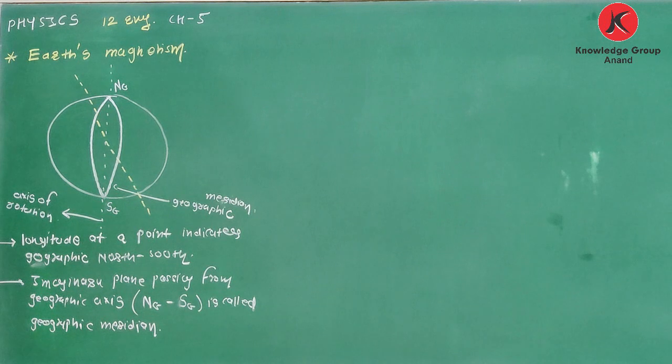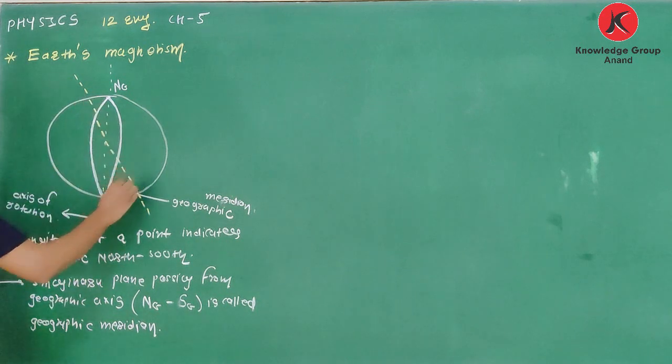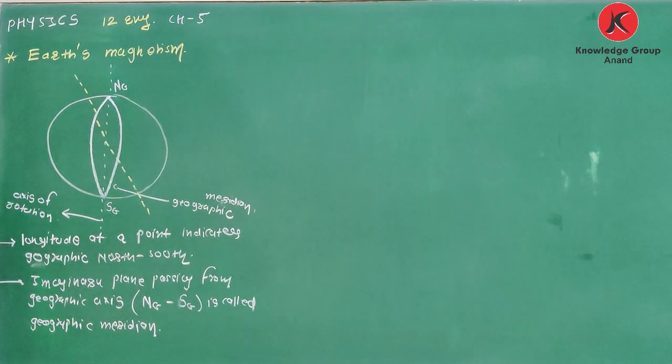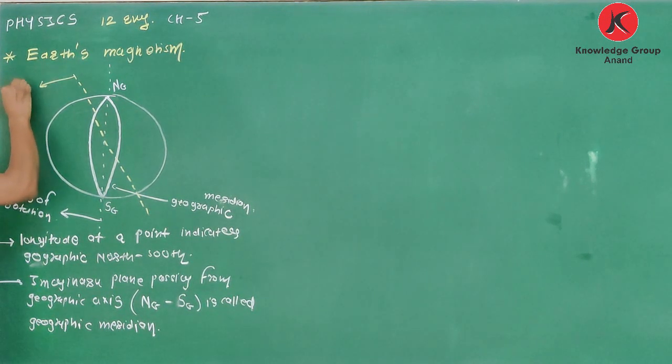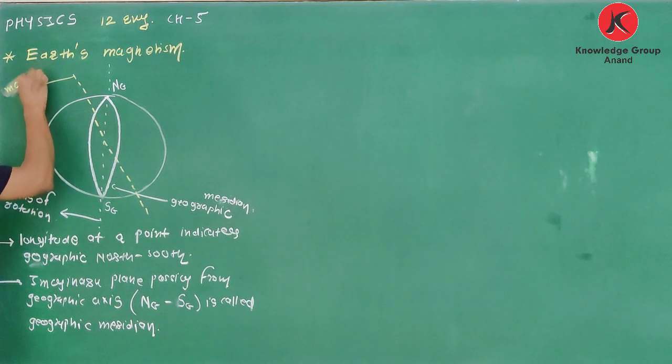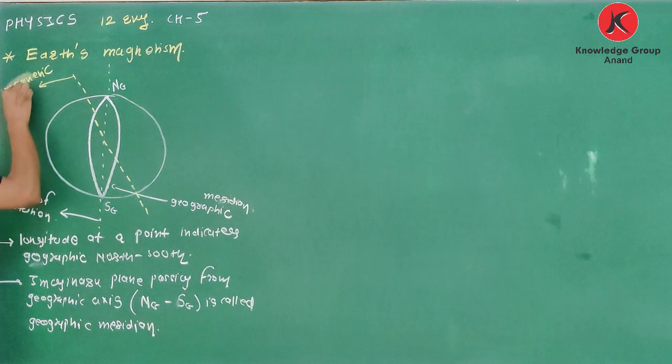It is tilted by 11.3 degrees. Yes, we discussed this in the last lecture. So this line is the magnetic axis. Yes or no?